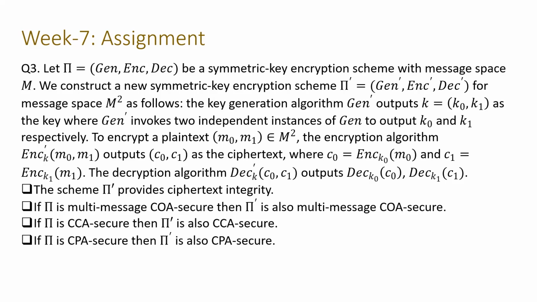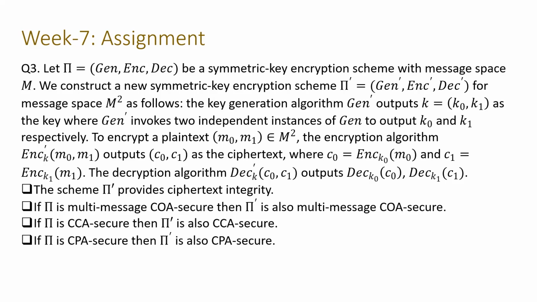Using the decryption oracle access, the adversary gets to see the challenge ciphertext, which is C0 star, C1 star, which can be the encryption of either M0, M1 or the encryption of M0 dash, M1 dash. So the challenge plaintexts chosen by the adversary are M0, M1 and M0 dash, M1 dash, and the challenger encrypts one of them and outputs the ciphertext C0 star, C1 star.